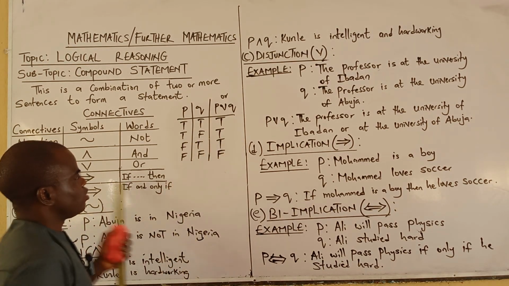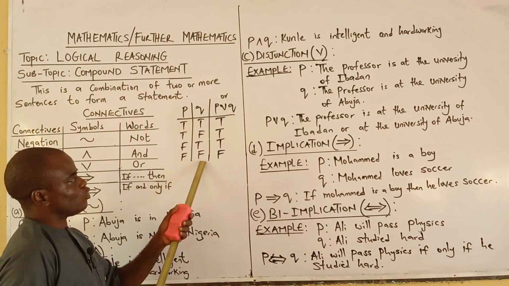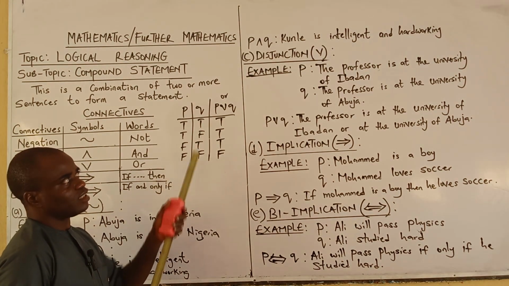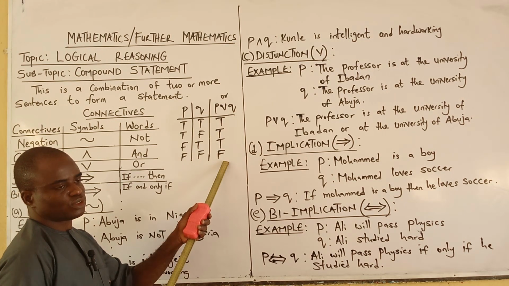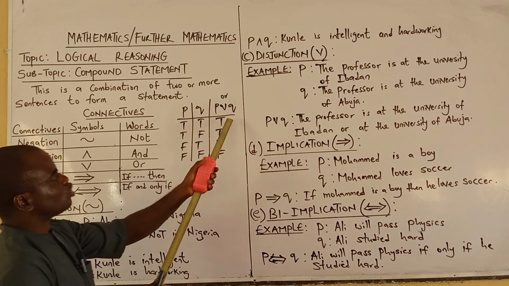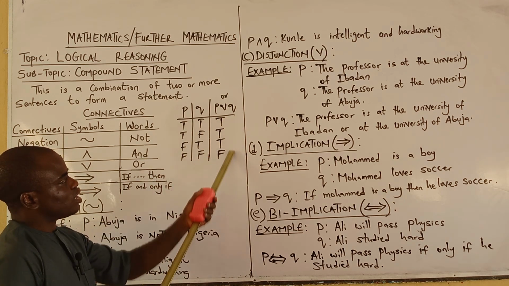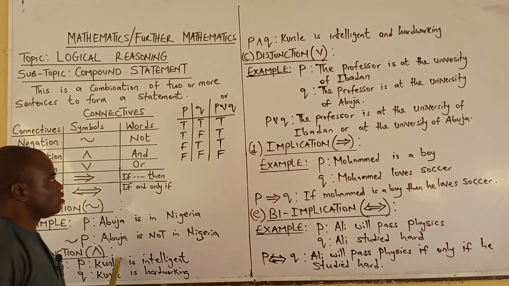You can see it, false, false. The only condition that gives us false under disjunction is false, false. But under conjunction, true, true gives us true. The other ones are false under conjunction.